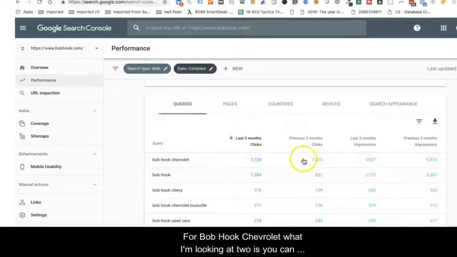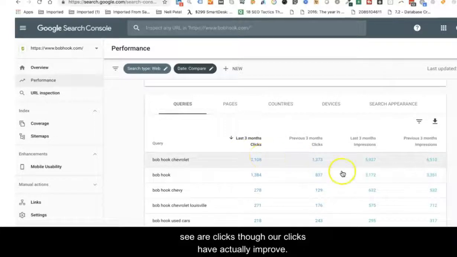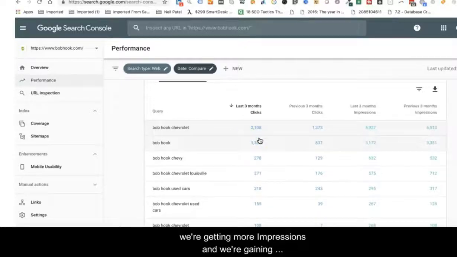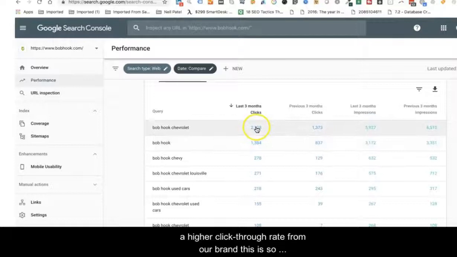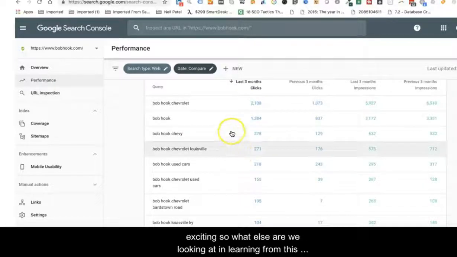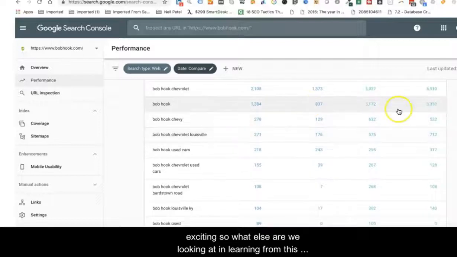What I'm looking at too is our clicks. Our clicks have actually improved way more than that. We went from 1,373 to 2,100. So we're getting more impressions and we're gaining a higher click-through rate from our brand. This is so exciting.